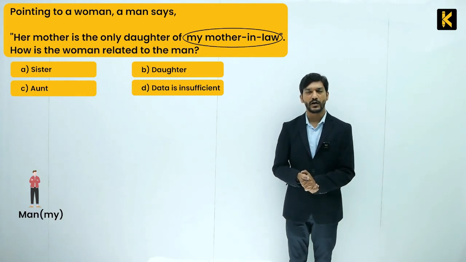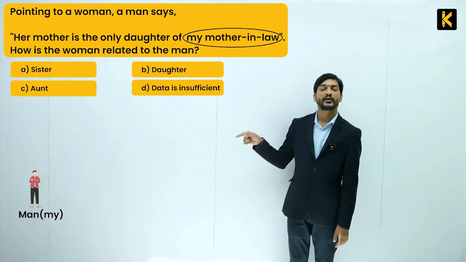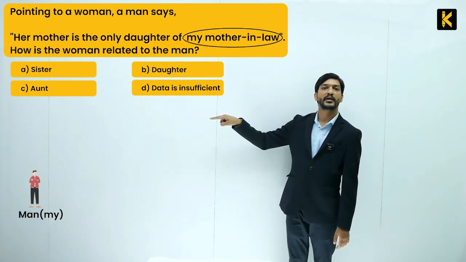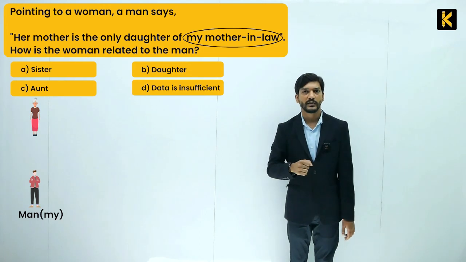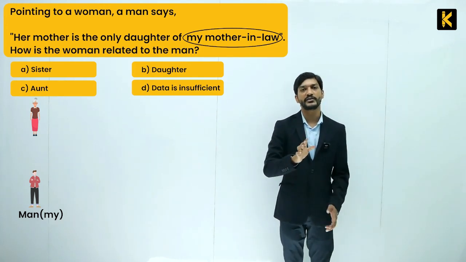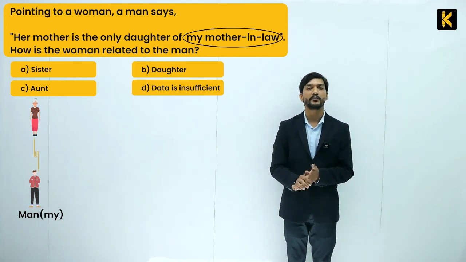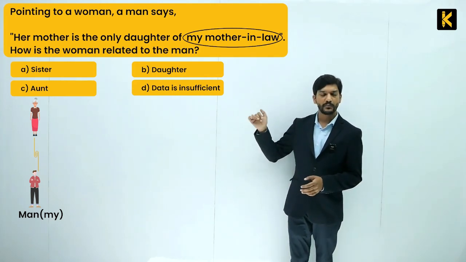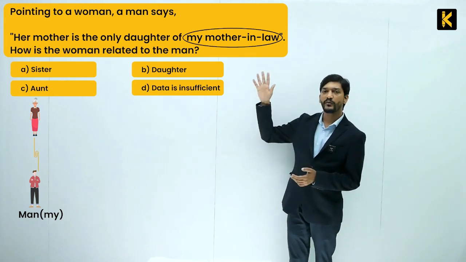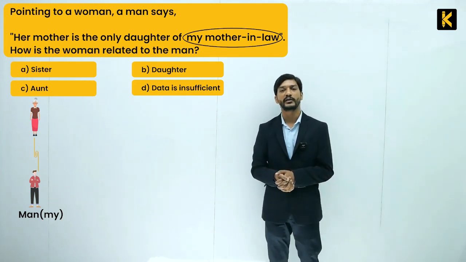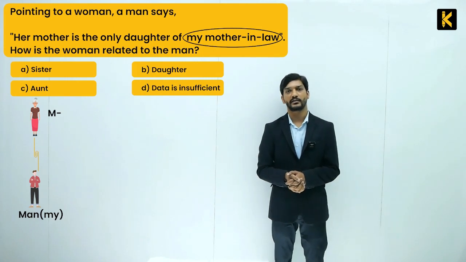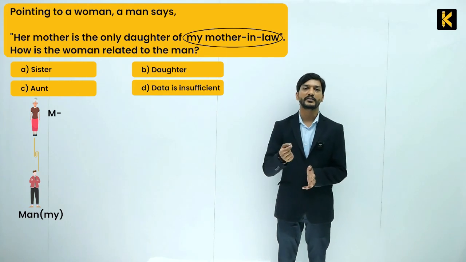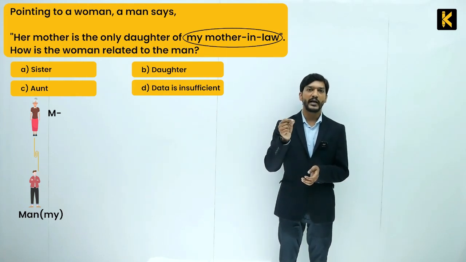Perfect. So now I have to draw my mother-in-law. "My" means this person. So mother-in-law will be one generation above, and mother-in-law is an in-law relation, so the in-law symbol has to be taken. I've taken the in-law symbol and one generation above I have shown one person with letter M minus, because mother-in-law will obviously be a female, so minus sign, and the M letter for mother-in-law.